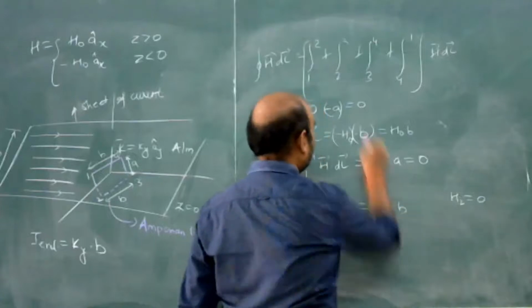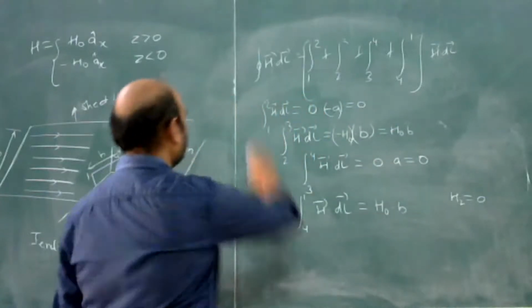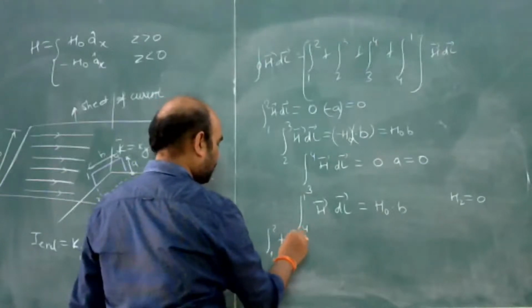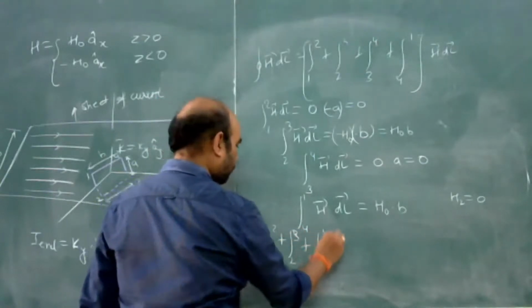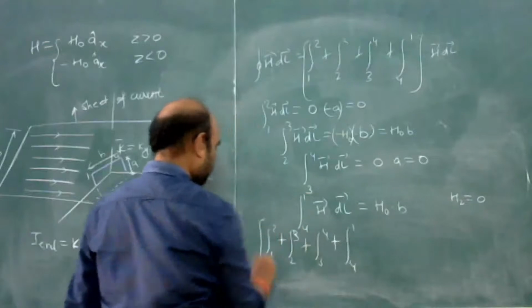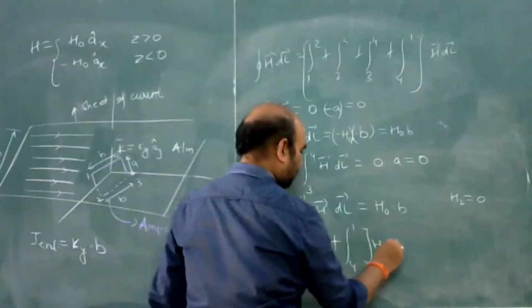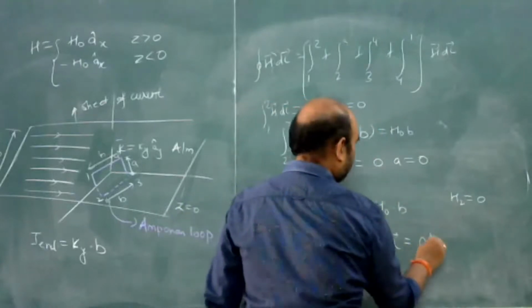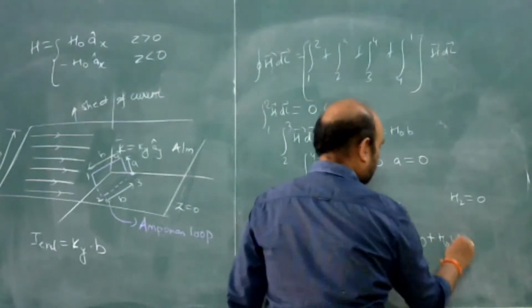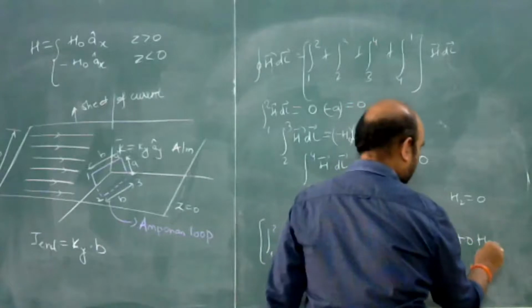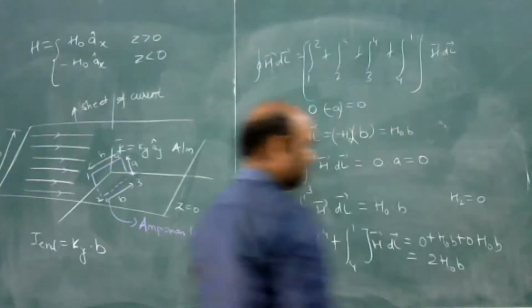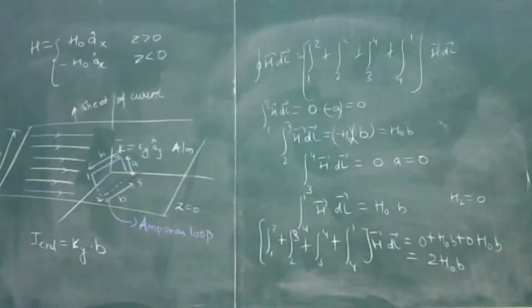So summing 1 to 2, 2 to 3, 3 to 4, 4 to 1, ∮H·dl is equal to 0 plus H naught b plus 0 plus H naught b. This is equal to 2 H naught b.